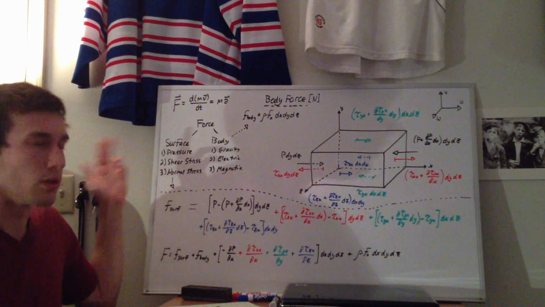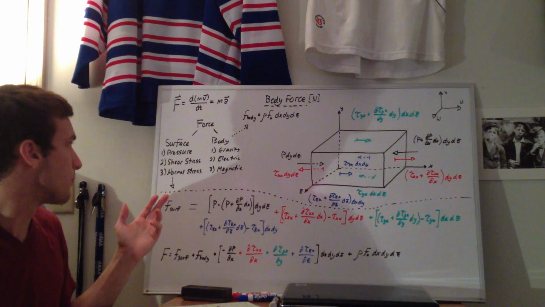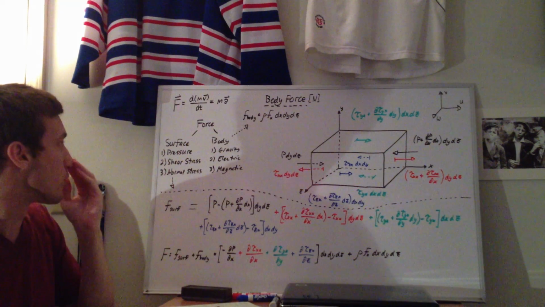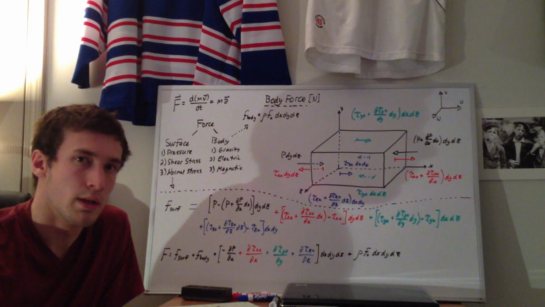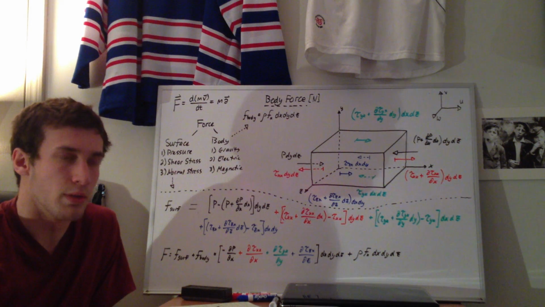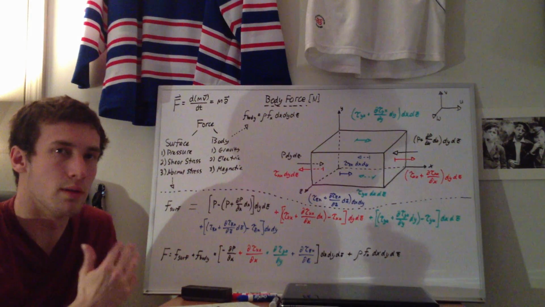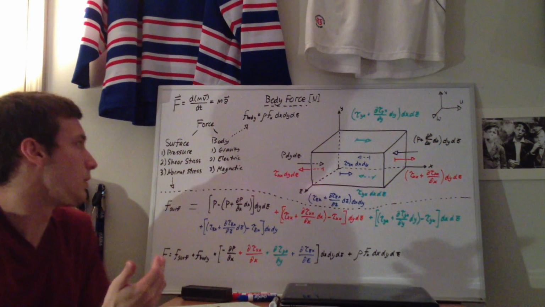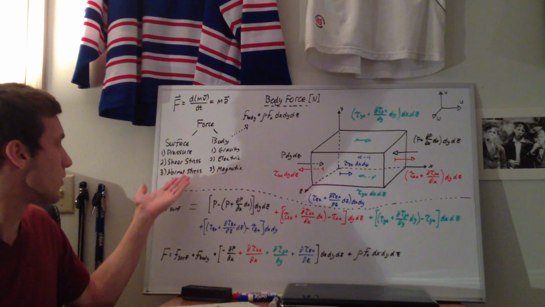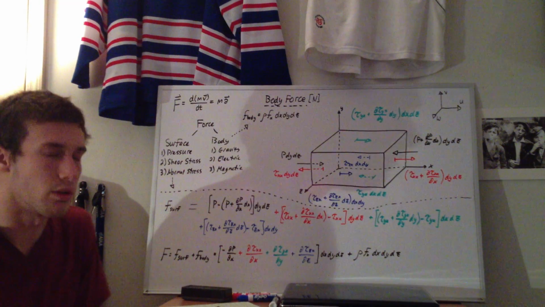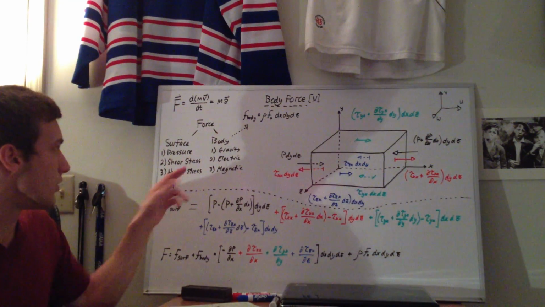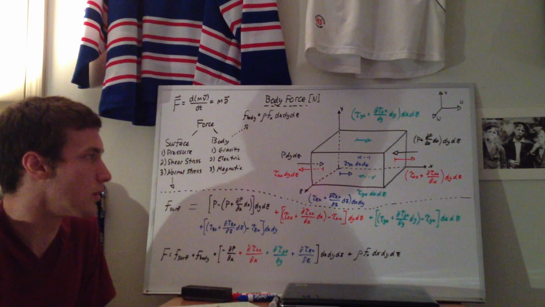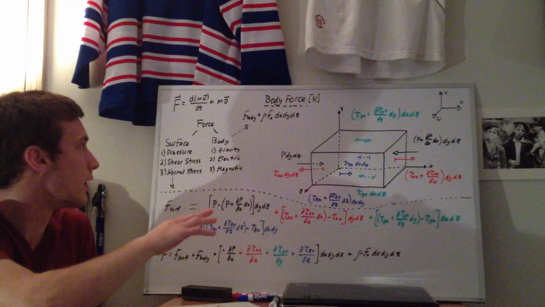And then we have surface forces, and there are three types of surface forces. The first one is pressure, which acts normal to surfaces. The other two are shear stress and normal stress. In this case, we break up these stresses into shear and normal stresses, which you'll see why later.